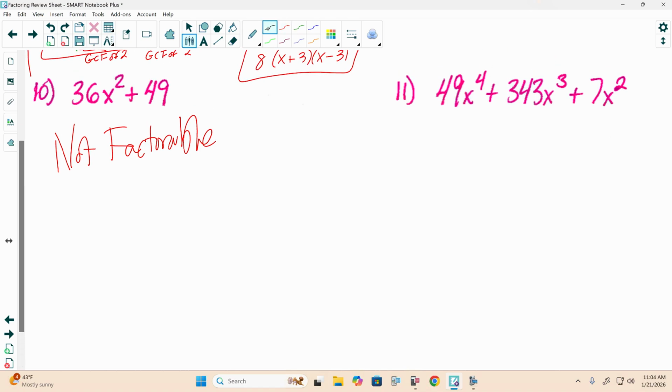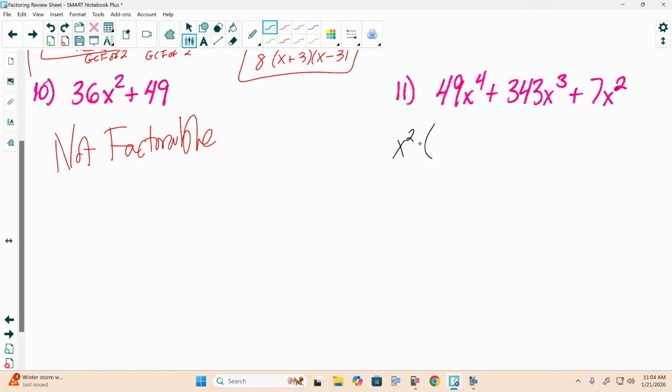I'll look at 11. 49x to the 4th plus 343x cubed plus 7x squared. There is a greatest common factor across all three. They all three have a variable in common, x, and the smallest exponent attached to that x is 2. So that's telling me that x squared is a common factor across all three. 49, 343, and 7.